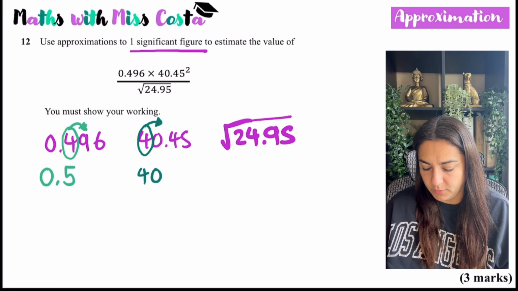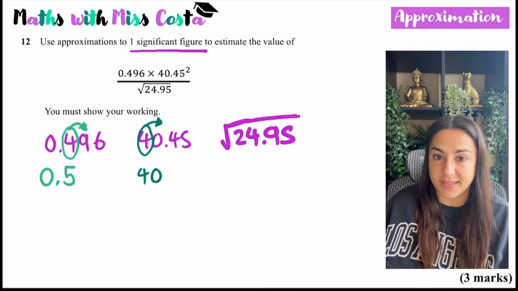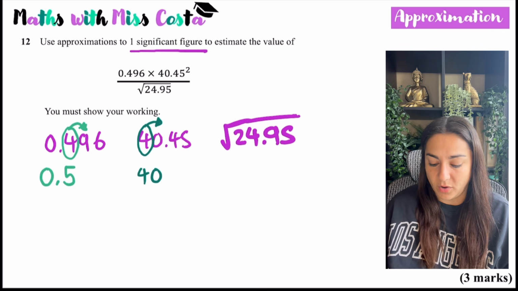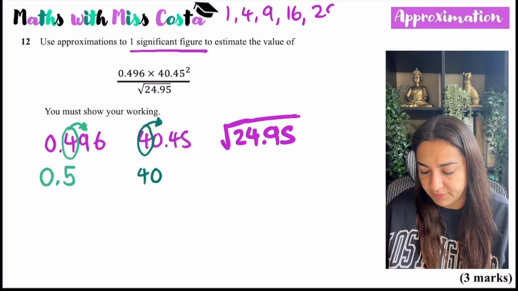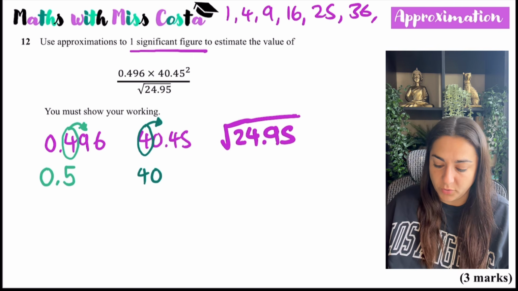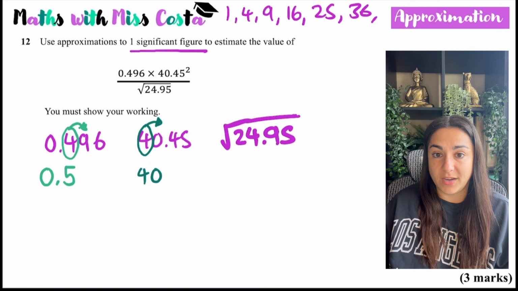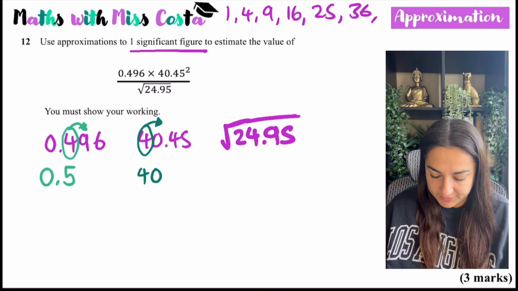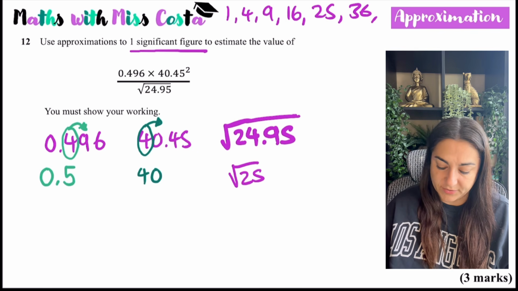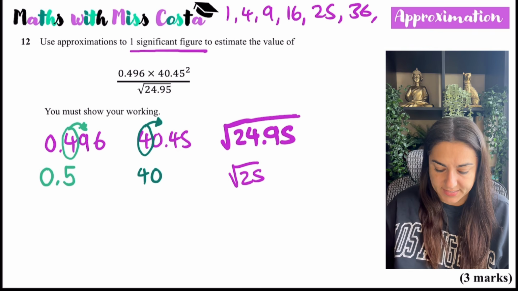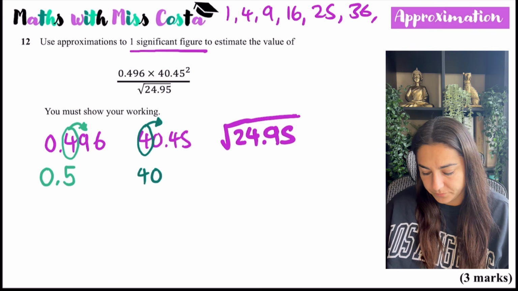So with square roots, there's a little trick that we can do. You just think to yourself, what are the square numbers? So you know 1, 4, 9, 16, 25, 36, and so forth. And then you think which square number is this closest to? So this would be closest to 25, but also to one significant figure, it rounds to 25. So now I've got all of my values.